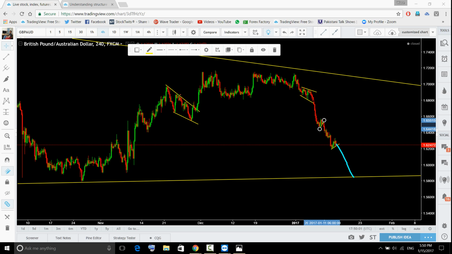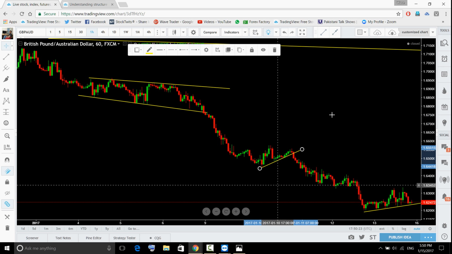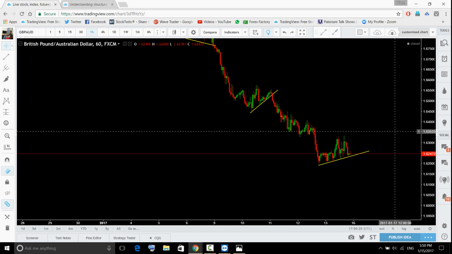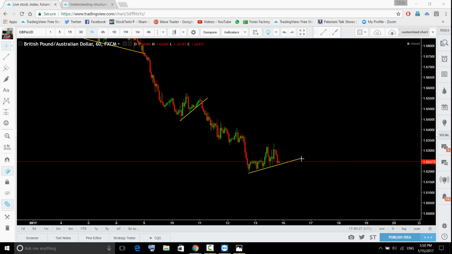If price starts to form a bigger correction, then that sell setup is going to be ideal. It can form a bigger correction as well, so be careful when you are looking to sell on the lower time frame. It can extend the correction or your trend continuation pattern.